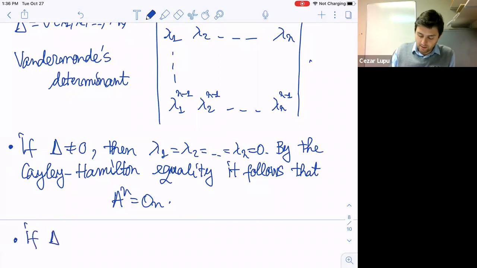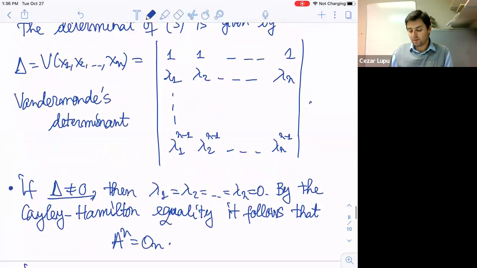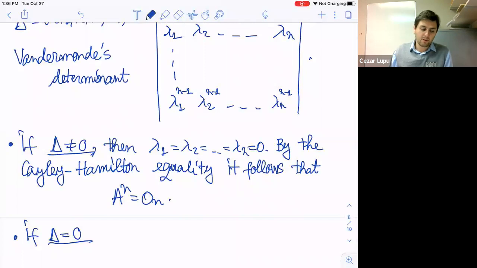If delta is 0, we want to see what's going on. If the Vandermonde is 0, we can actually compute it, and I'm going to leave it to you as an exercise.